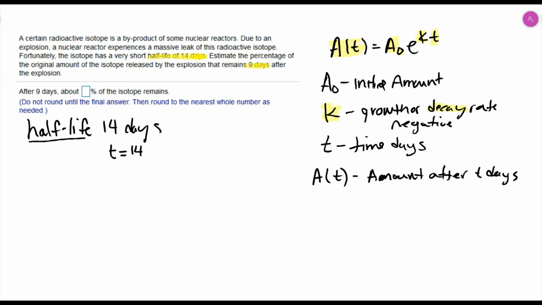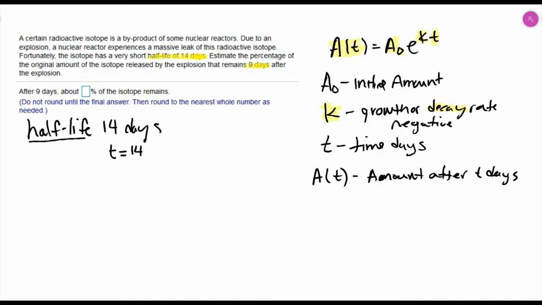But this half-life is the amount of time it takes to decay to half of what you start with. So this is really telling us the relationship between the starting amount of the isotope and the ending amount of the isotope. So this is saying that it takes 14 days to decay to half of what you started with.